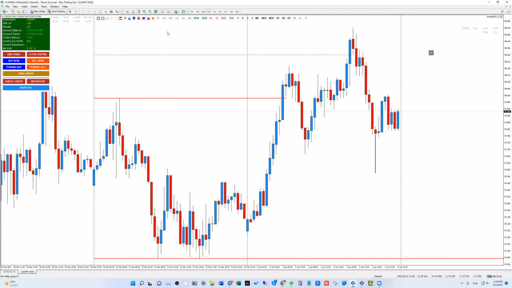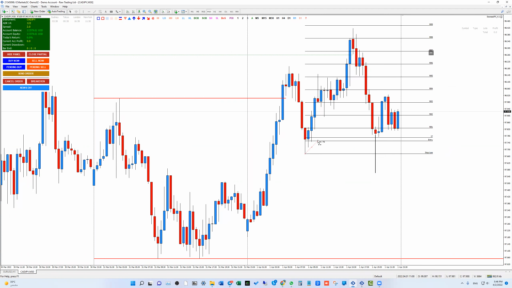Personally, sometimes I put it at the full candle like this, and then it hits a stop loss. By the time it hits a stop loss, I want to make my second entry at the 50% to get a higher reward.